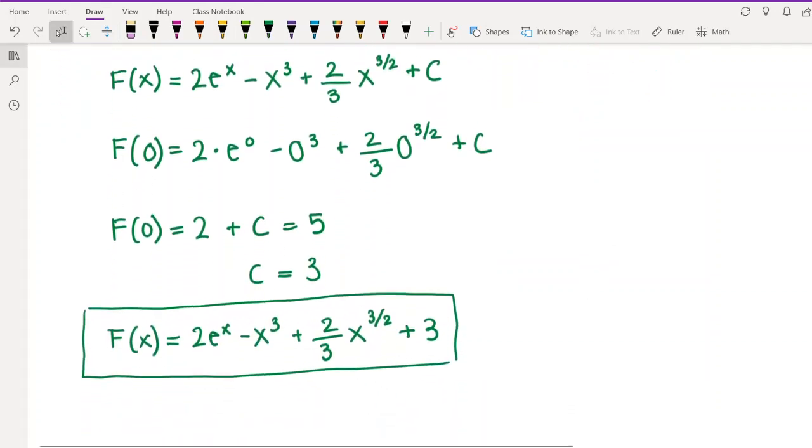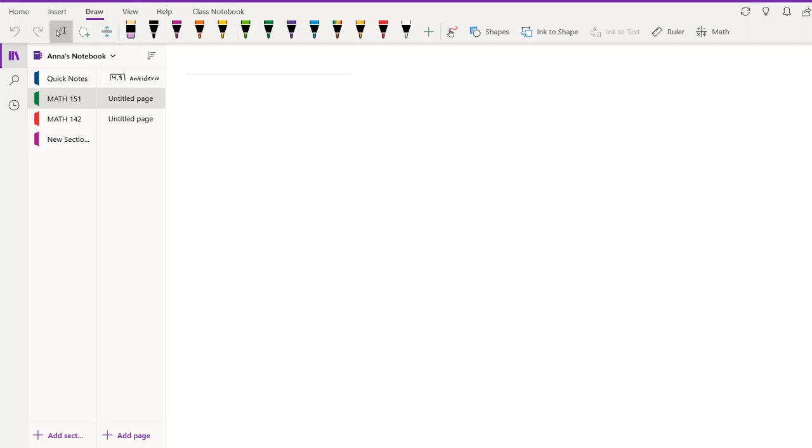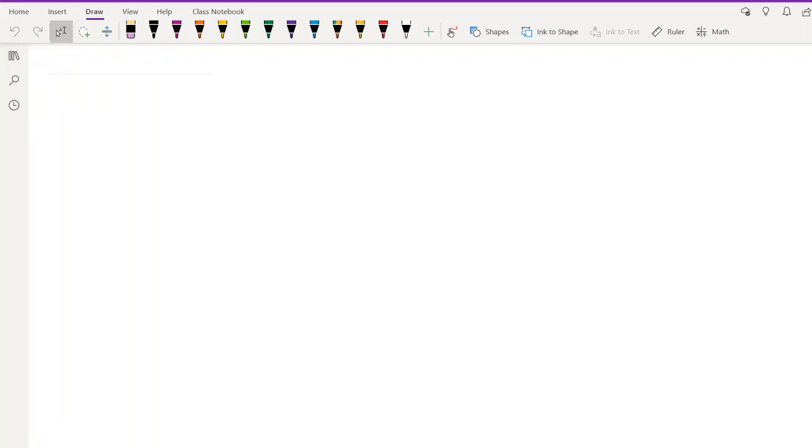Okay, so next I want to do a couple of trickier examples of antiderivatives that require a little bit of guess and check, and then we'll get into the velocity and position type questions.